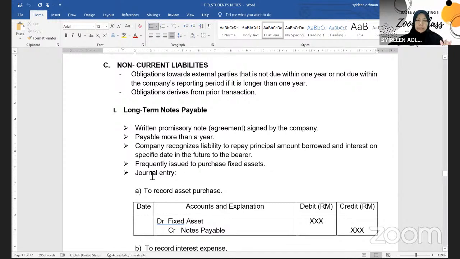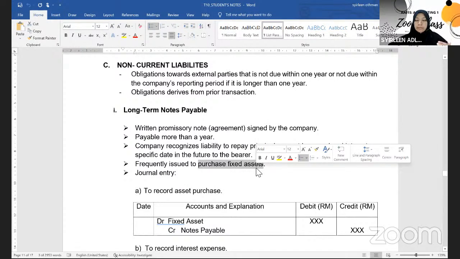So kenapa kita buat liability dalam bentuk long-term notes payable ni is because sometimes you need the money to purchase fixed asset, because you cannot owe the company that is selling you the fixed asset.